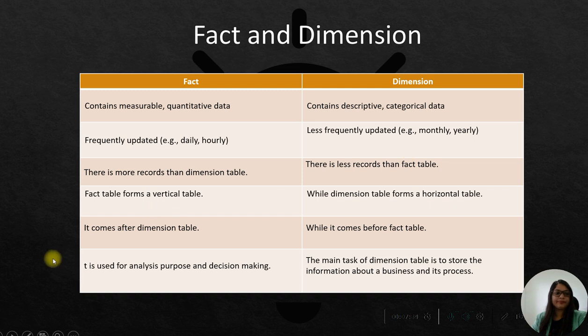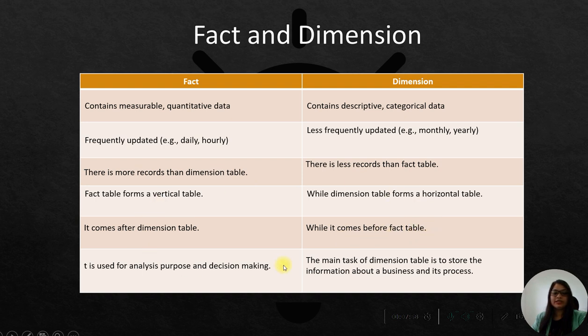It depends. In general, the fact table has more records than the dimension table, and the dimension table has fewer records than the fact table. The fact table forms a vertical table, while the dimension table forms a horizontal table. The fact table comes after the dimension table, while the dimension table comes before the fact table.